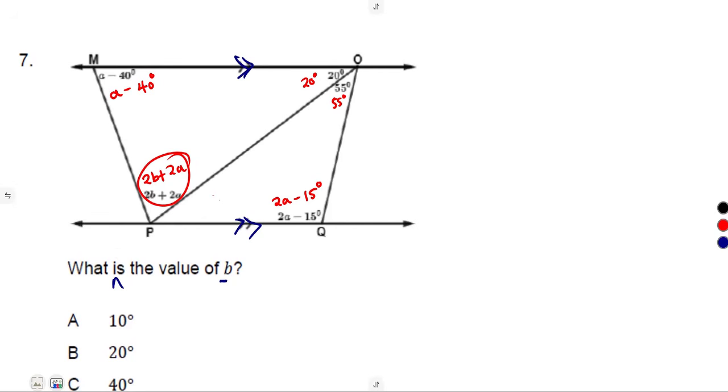So whatever equation I'm going to form where B is, we are going to also have A in that equation. So you are limited because you have two unknown values, A and B. So it is best for you to find A first so that you can find the value of B. So that is the condition.